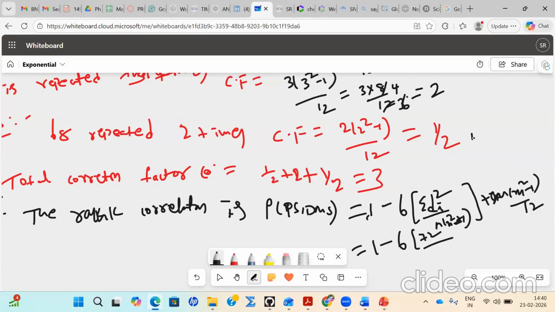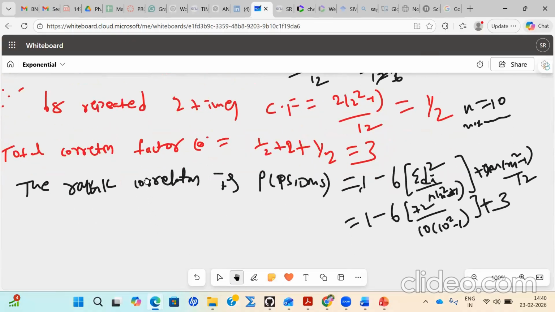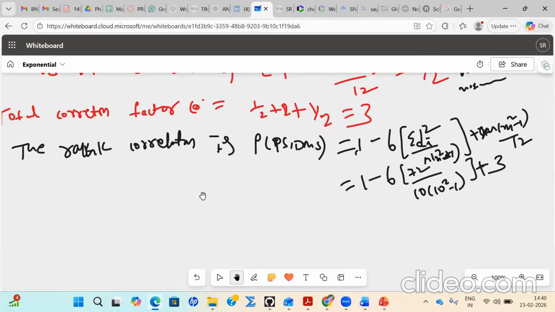So n value is 10 here. 10 into 10 square minus 1, plus this is 3, already calculated. Calculate this value. You may get approximately 0.545.